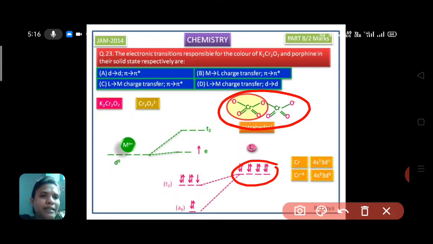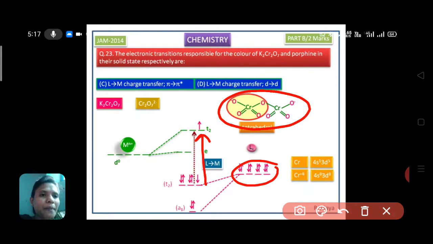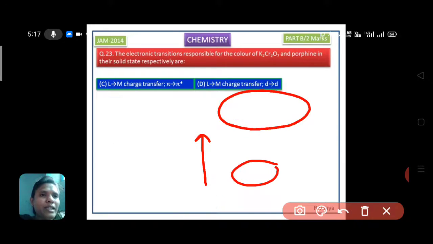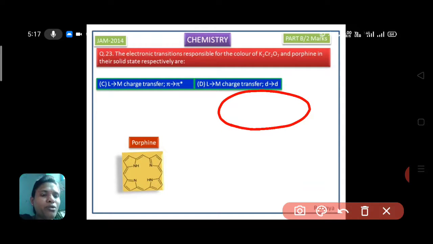When these ligands promote their electrons from lower energy level to higher energy level by absorbing some light energy, this is called charge transfer transition, and this transition is ligand to metal. So this dichromate ion appears in yellow color due to this transition of electrons from lower energy level to higher energy level.